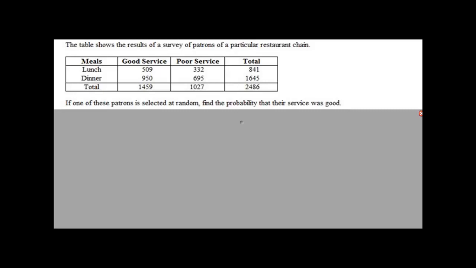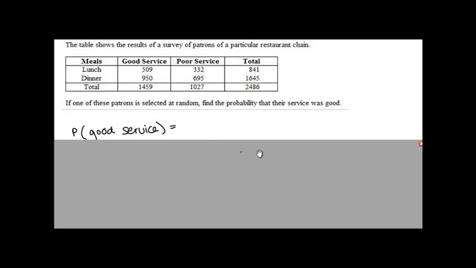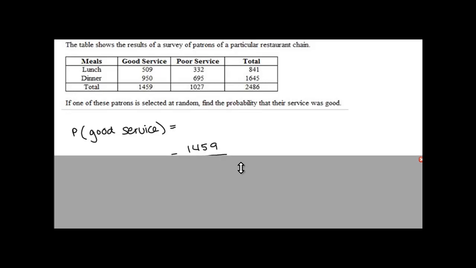So the question first asked is, if one of these patrons is selected at random, find the probability that their service was good. So there is no condition given on this one. We're simply finding the probability that their service was good out of the total number of patrons. So to find the probability that they had good service, we look at out of the total number, and this 2,486 would be the total number of patrons.